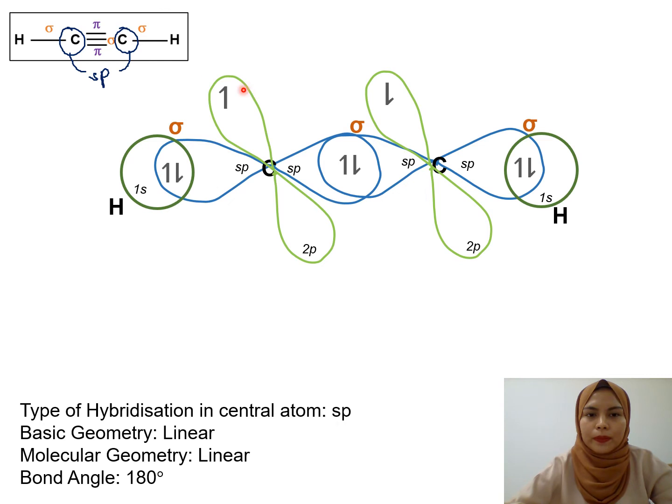Okay, so untuk show the pi overlap, pi bond terhasil bila kamu ada dua p orbital yang overlap side to side. Okay, overlap side to side.